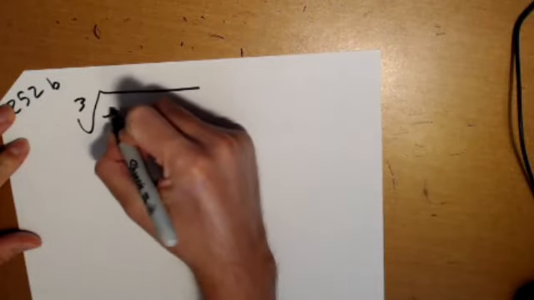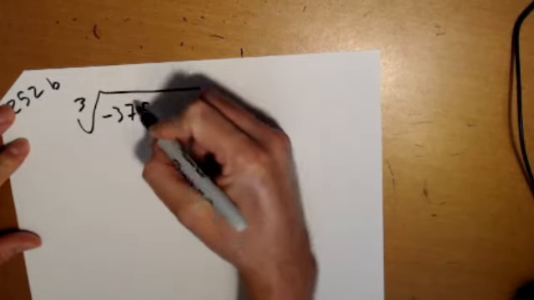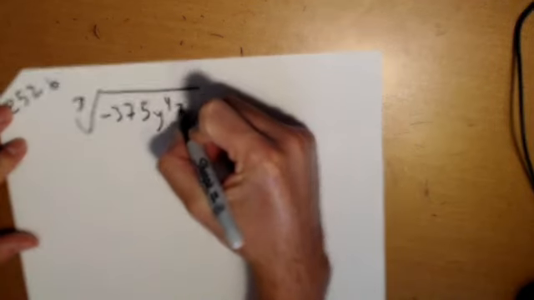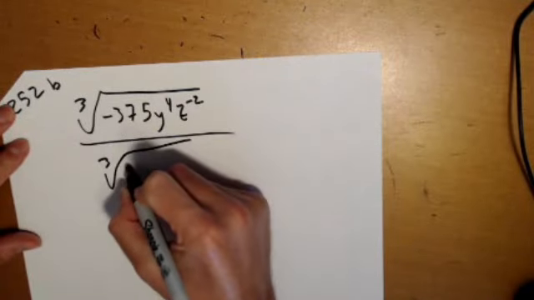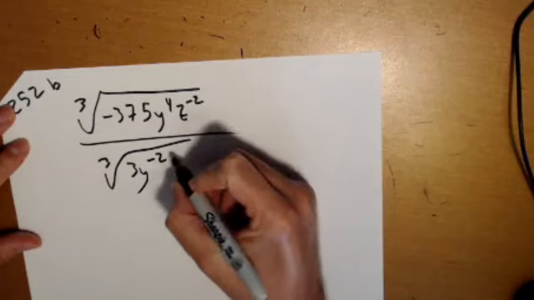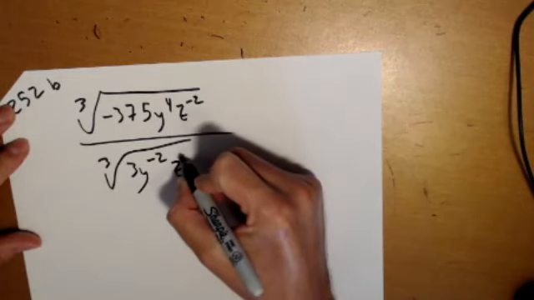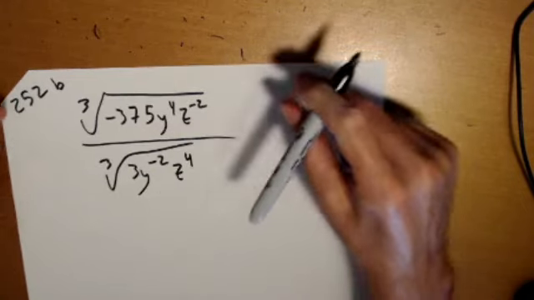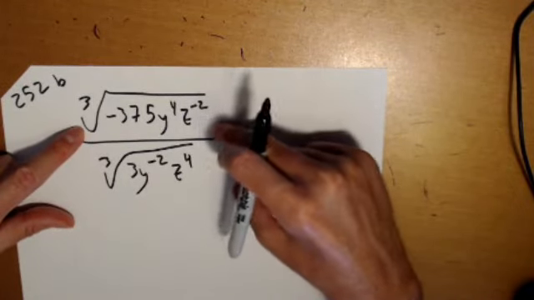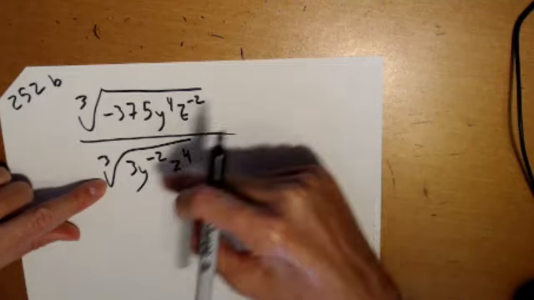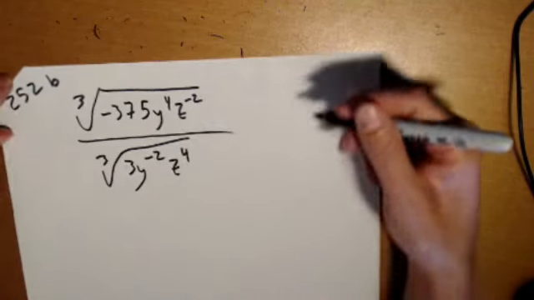Cube root of negative 375, y to the 4th, z to the negative 2, all over cube root of 3, y to the negative 2, z to the 4th. Let's see if I wrote it down right. Negative 375, y to the 4, z to the negative 2, 3, y to the negative 2, z to the 4. Okay.